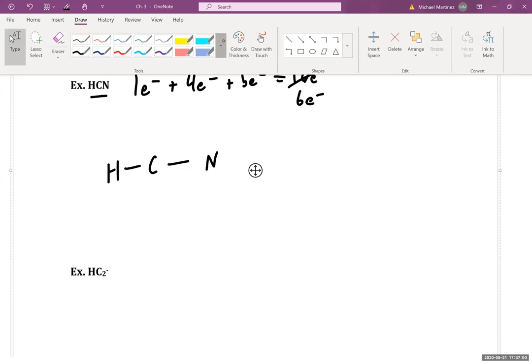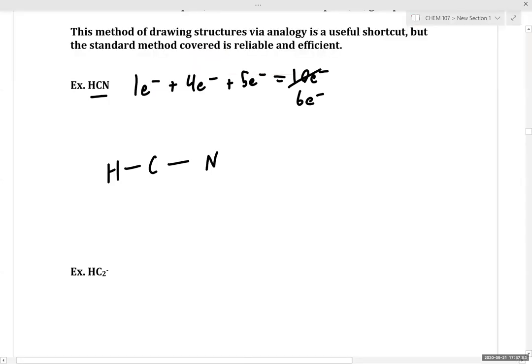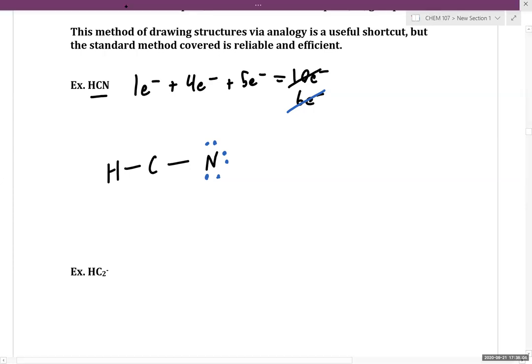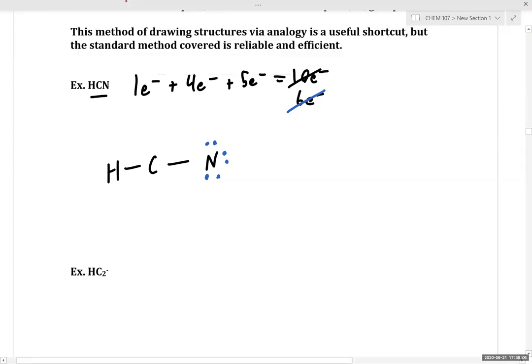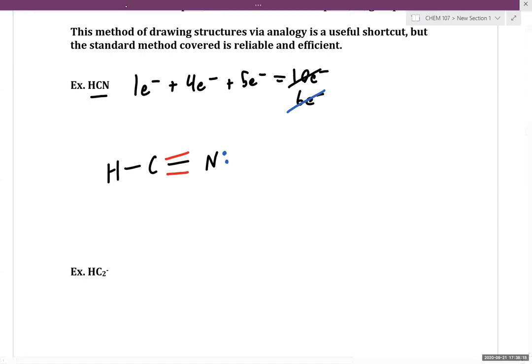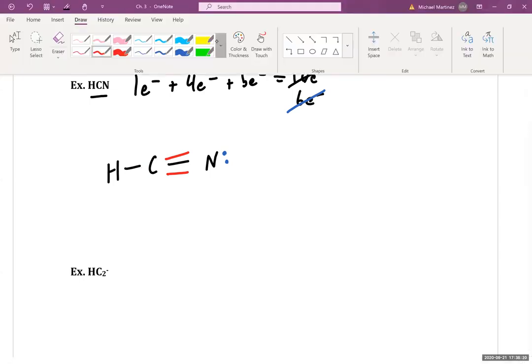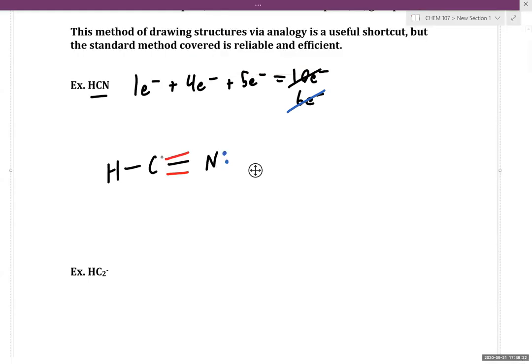Now we take our remaining electrons and use them to fulfill the octet of our most electronegative atom first. So we're going to place 6 electrons surrounding nitrogen. We've used up all of our electrons, and we still have a carbon with an incomplete octet. So we're going to form a second bond to make a triple bond to complete carbon's octet. This is the complete structure for hydrogen cyanide.